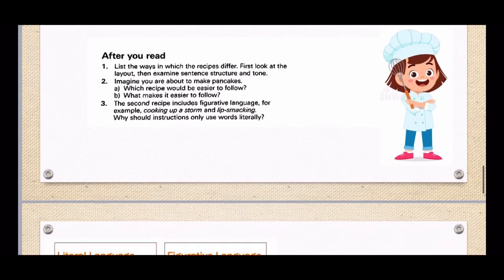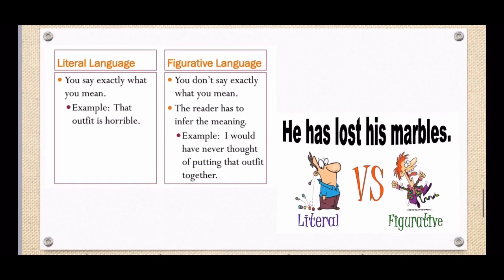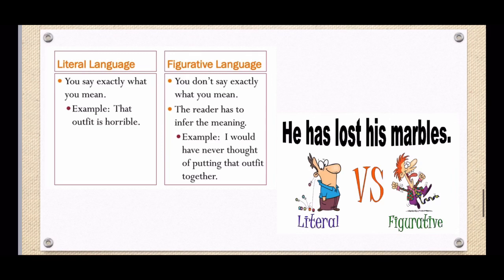So just to recap what figurative and literal language is, I got this little block here in the slide. So literal language is you say exactly what you mean. So it's straight to the point. For example, that outfit is horrible. And then we know figurative language, you don't say exactly what you mean, so the reader has to infer the meaning.